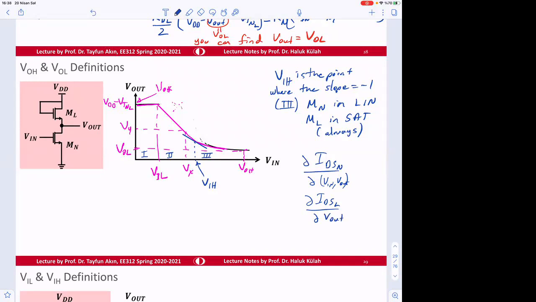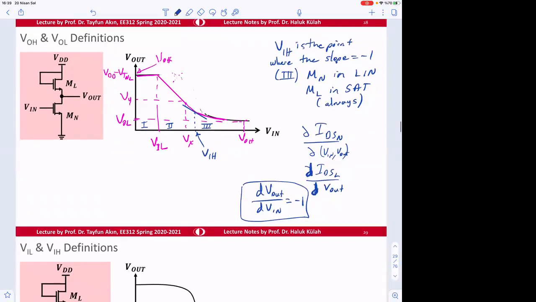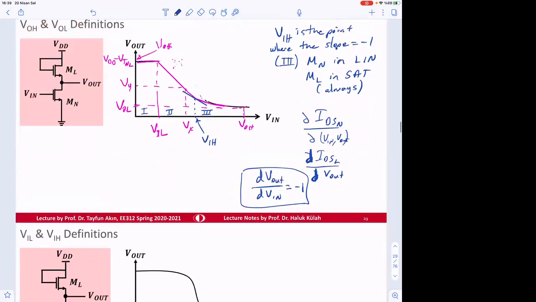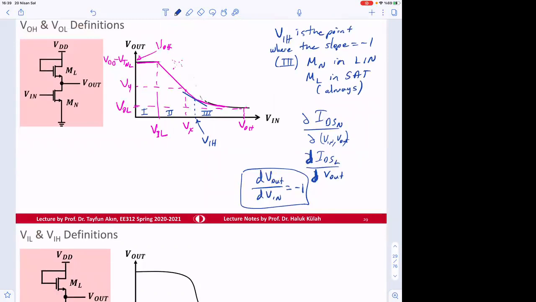So we don't need to do partial derivative actually. This is going to be just derivative like this. Then from here, we can find dV out divided by dV in to be equal to -1. So that's going to be the point for V input I.